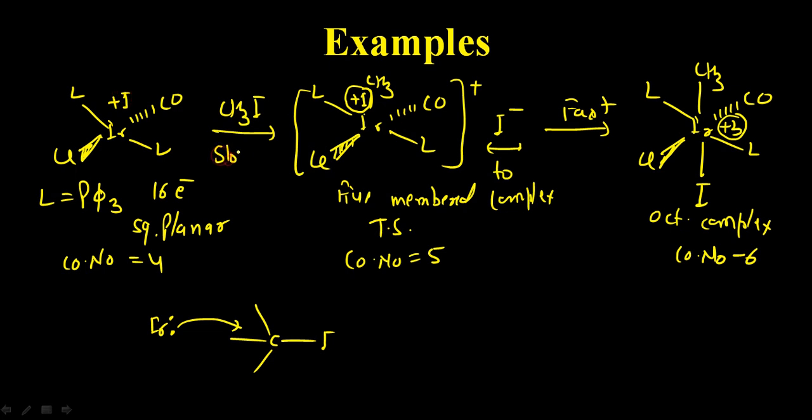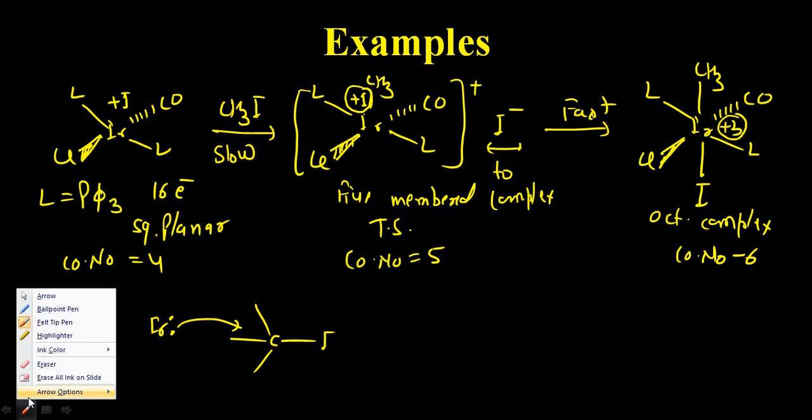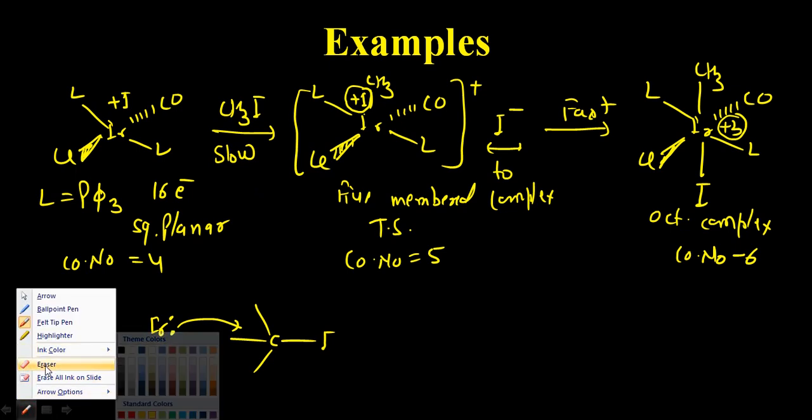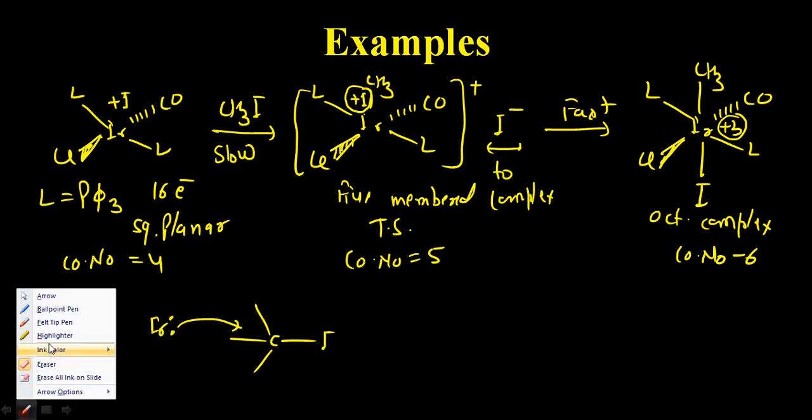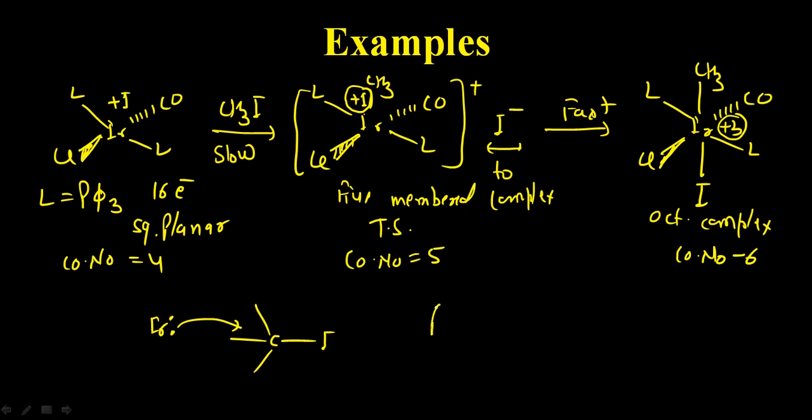This is the slow step, and we know that the slower step is the rate determining step. Hence we can write that the rate of reaction is proportional to the concentration of the complex as well as the concentration of the methyl iodide.